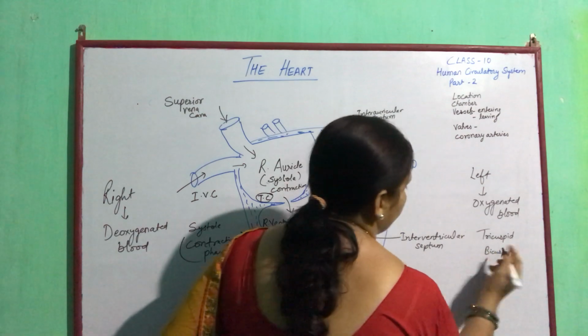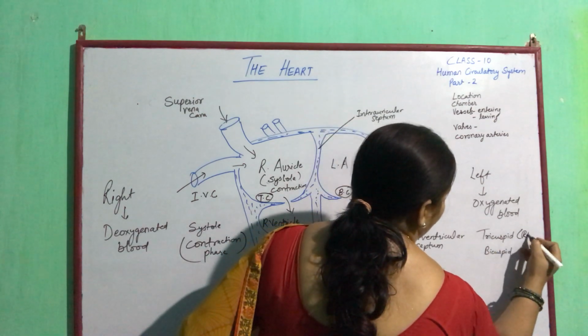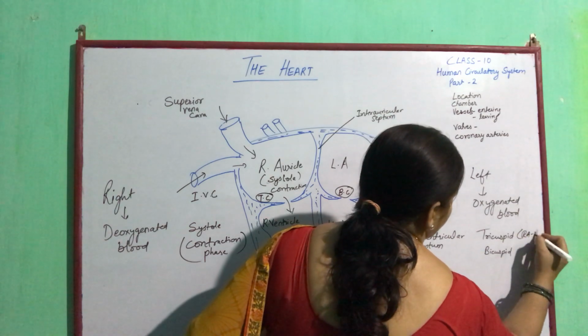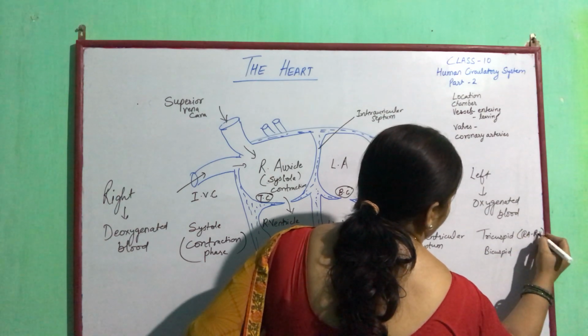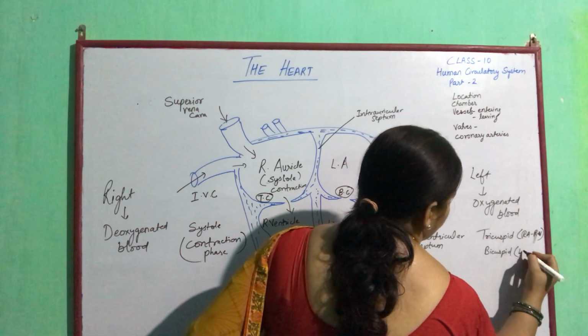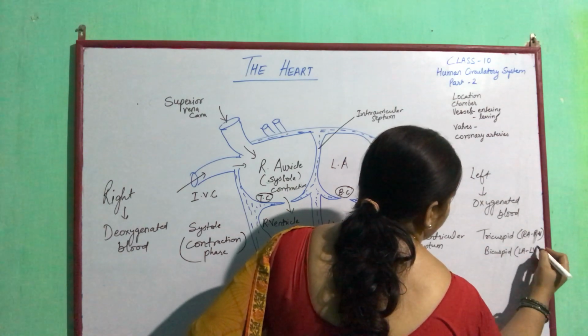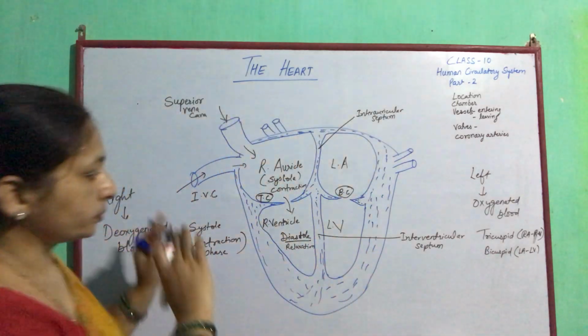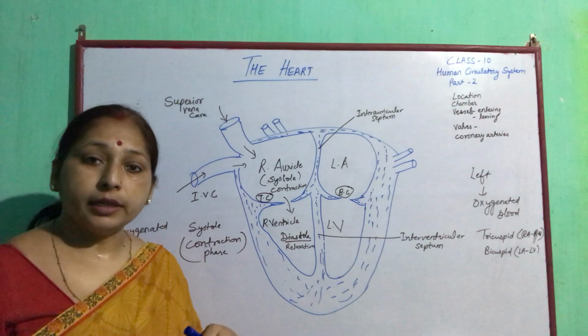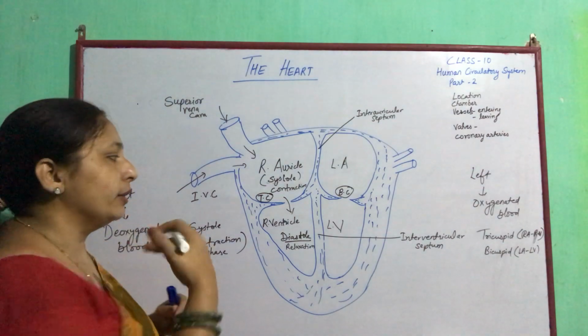The tricuspid is in the right auricle and ventricle area, and the bicuspid in the left auricle and left ventricle area. They allow blood to flow from the auricles to the ventricles only.